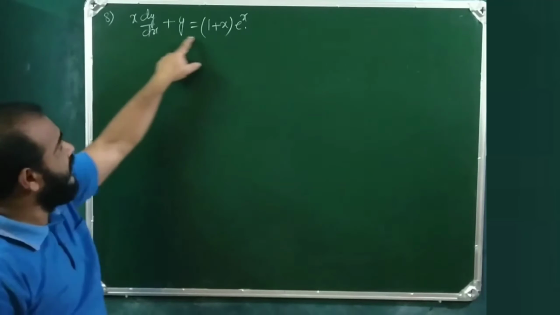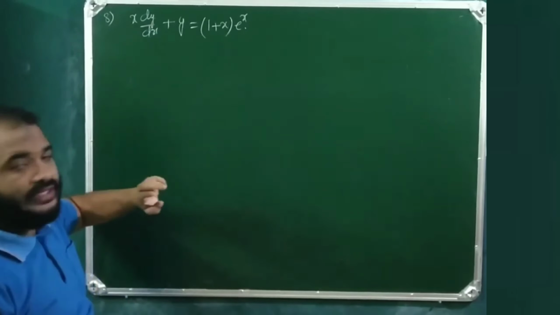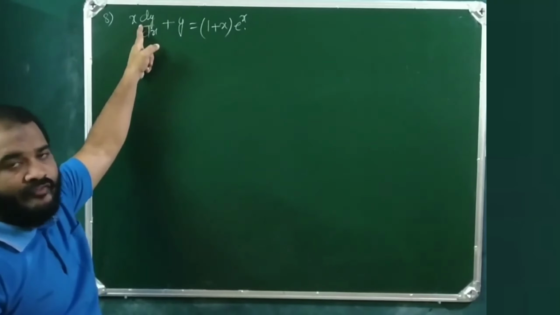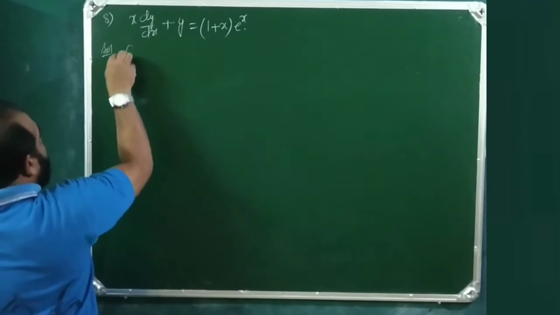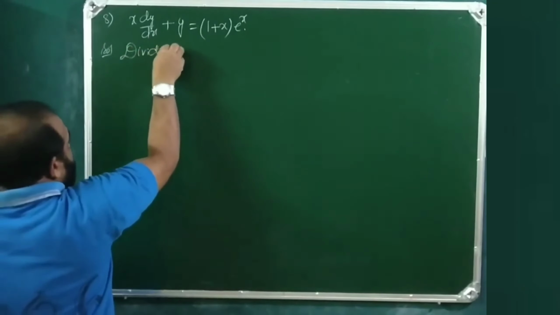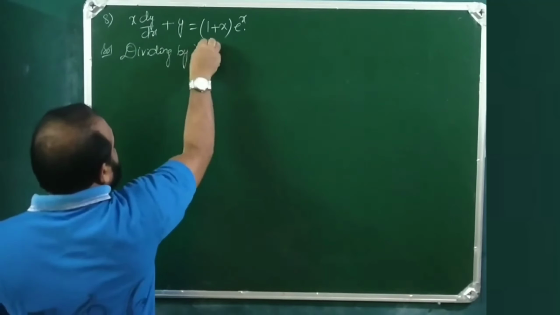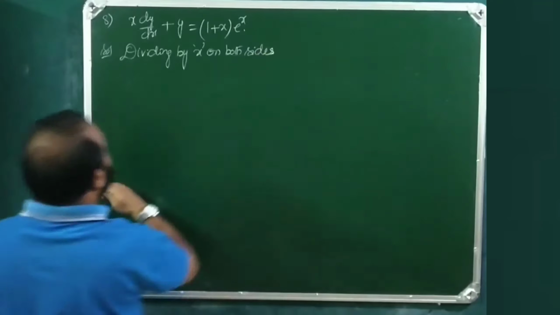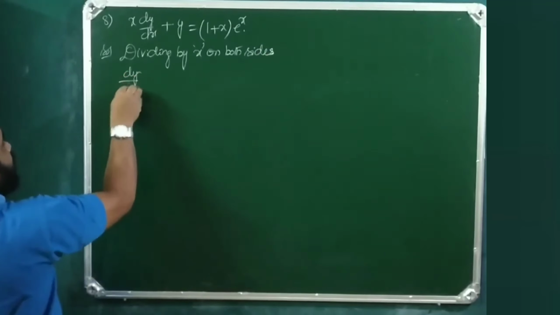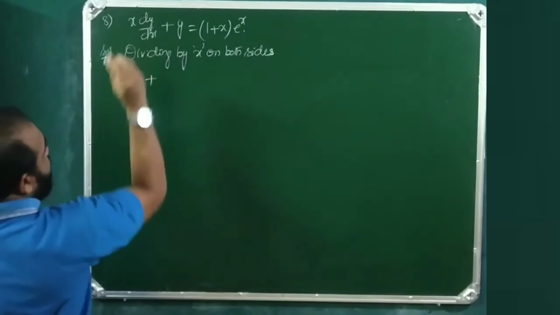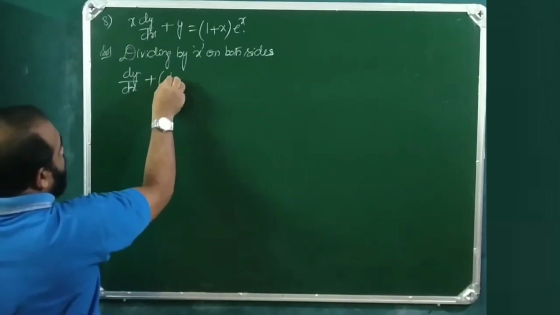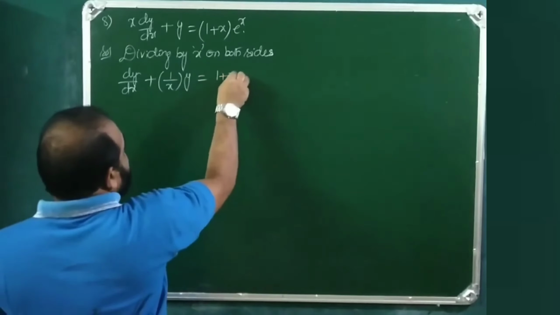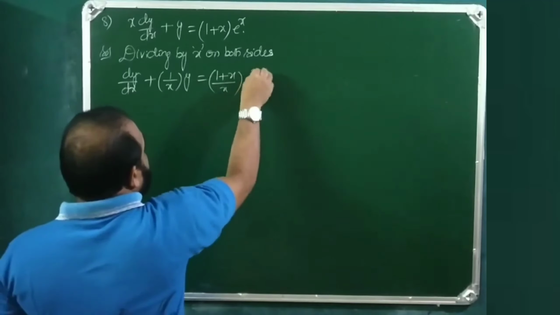Let us divide this entire equation by x so that the coefficient of dy by dx will be 1. Dividing by x on both sides, we get dy by dx plus (1 by x) into y equals (1 plus x) by x into e power x.